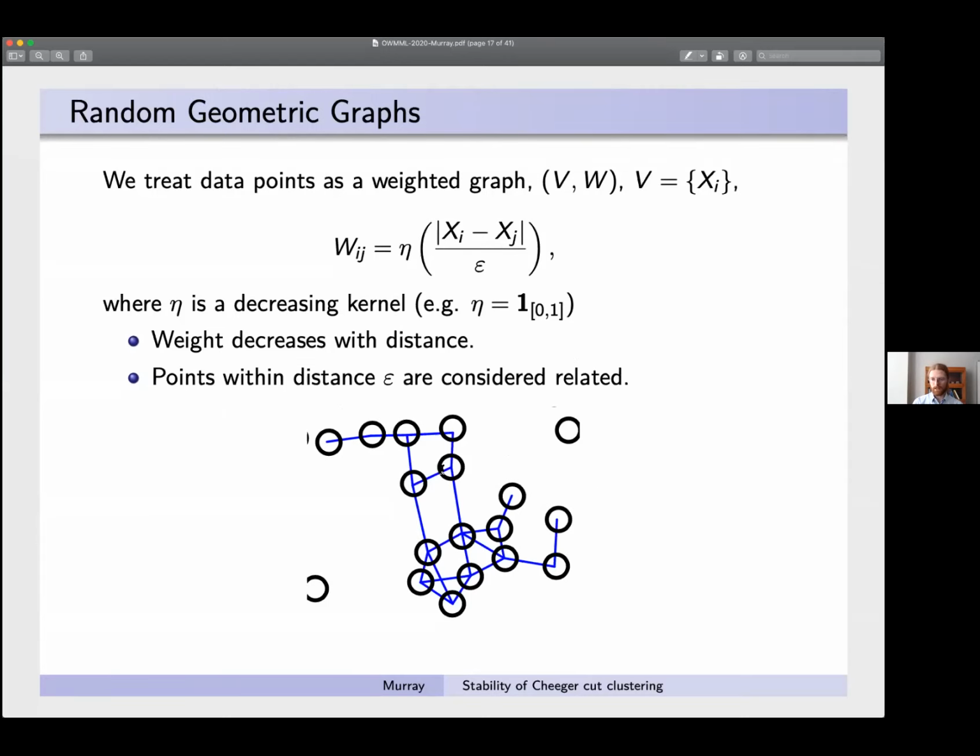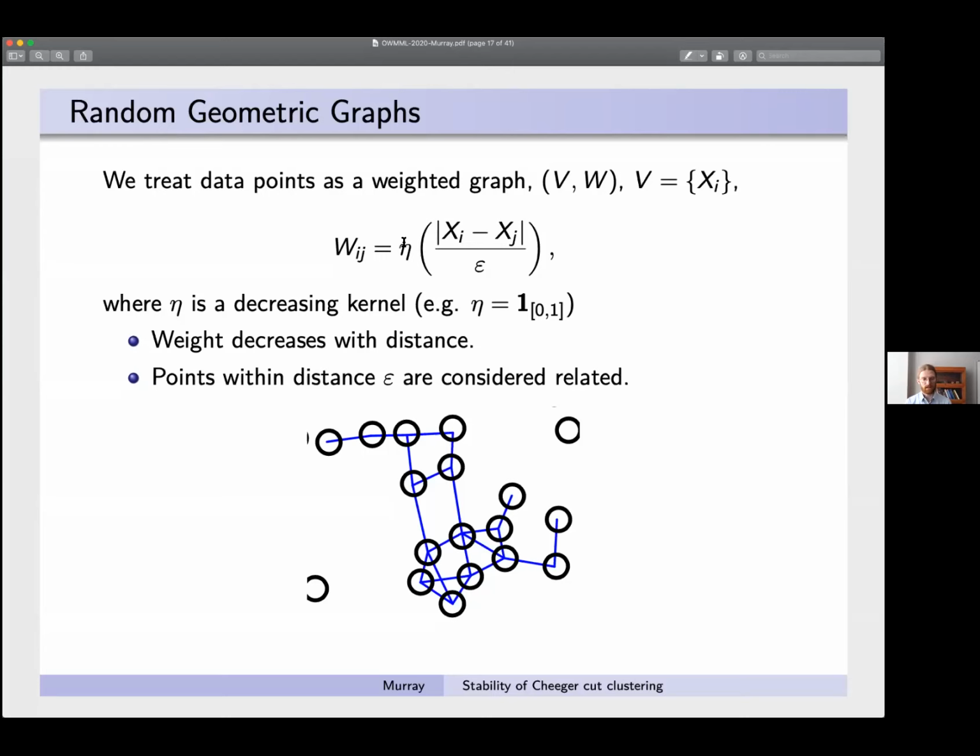We're going to think of each data point as a vertex in our graph, and then the weight between two different vertices is given by some kernel of the distance between the points. Here, w_ij is the weight between vertex i and vertex j. This eta is some decreasing kernel.